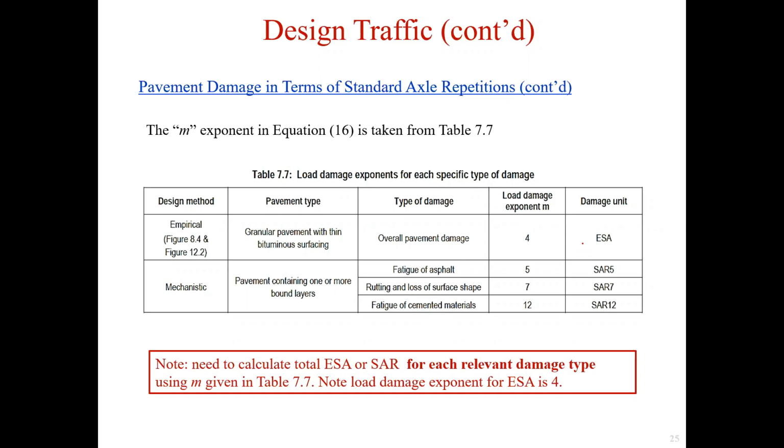The fatigue damage of cemented materials has a damage exponent of 12 and damage unit of SAR12. So during design, we need to calculate the total ESA or SAR for each relevant damage type using the parameter M in this table.